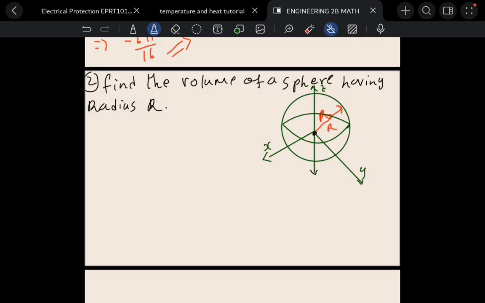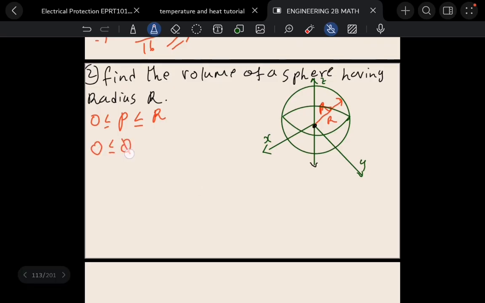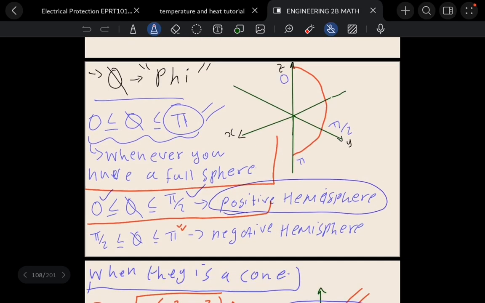So your rho, let us set up 0 to r. Your theta, or your phi, it's 0 to pi. Since it's the full sphere, we have seen it here.